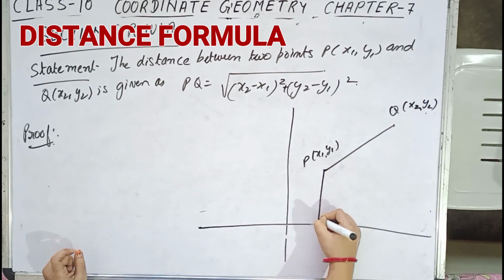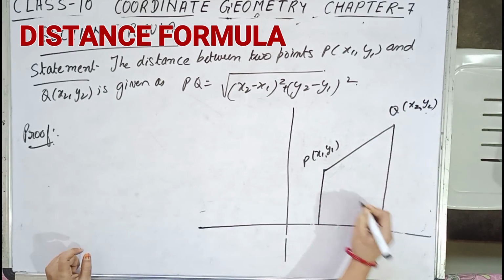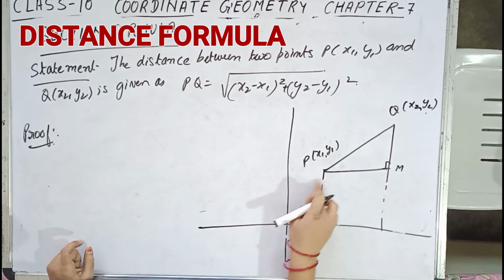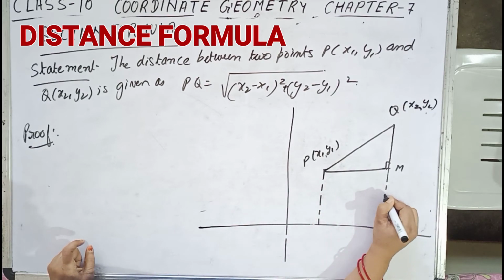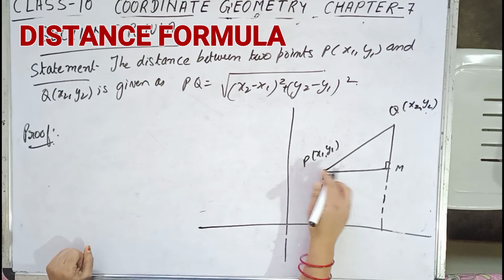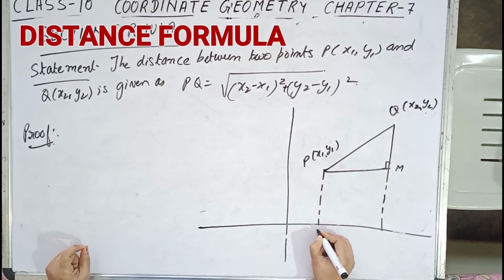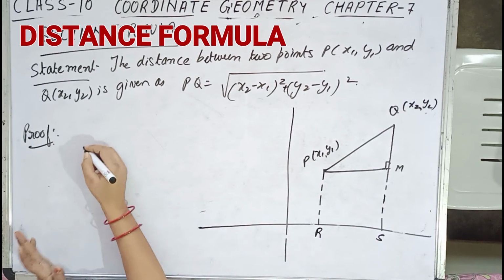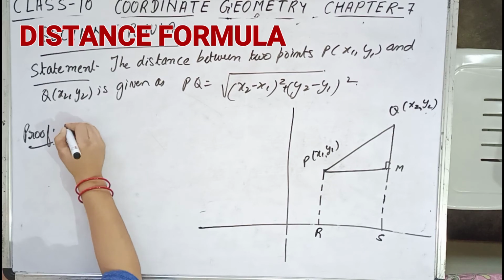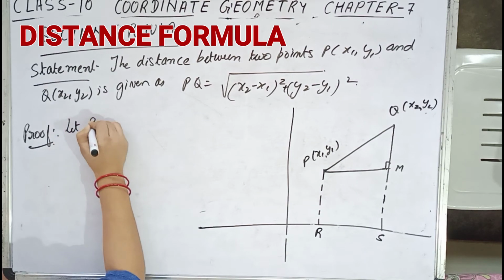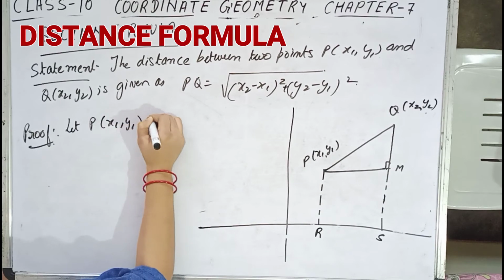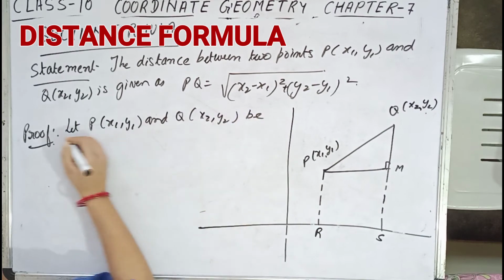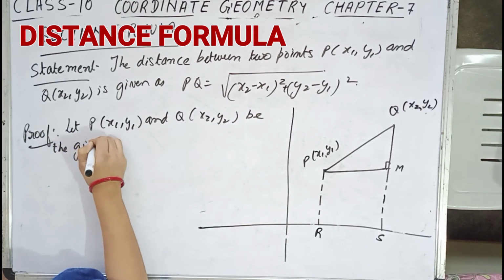Now from P draw a perpendicular, as we did in that example, similarly we will be doing over here. Let us draw it dotted, and name the points R, S. Let P(x1, y1) and Q(x2, y2) be the given points.